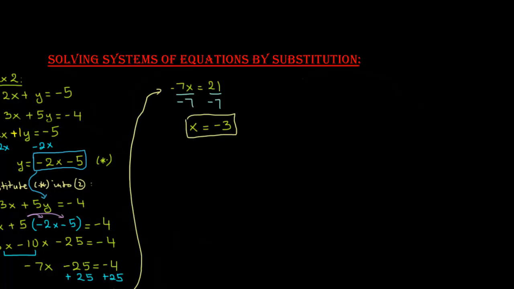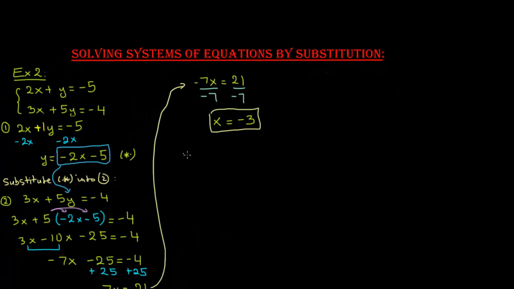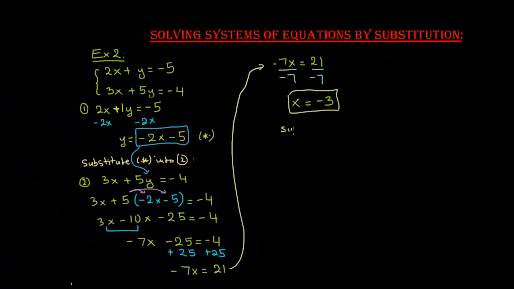So what I have to do is back substitute into the first equation or into my star equation to get my second unknown. Substitute x equals -3 into either the first, second, or my star equation. I will plug into my star equation: y equals -2x minus 5. I like to plug into the star equation because it's already solved for y.